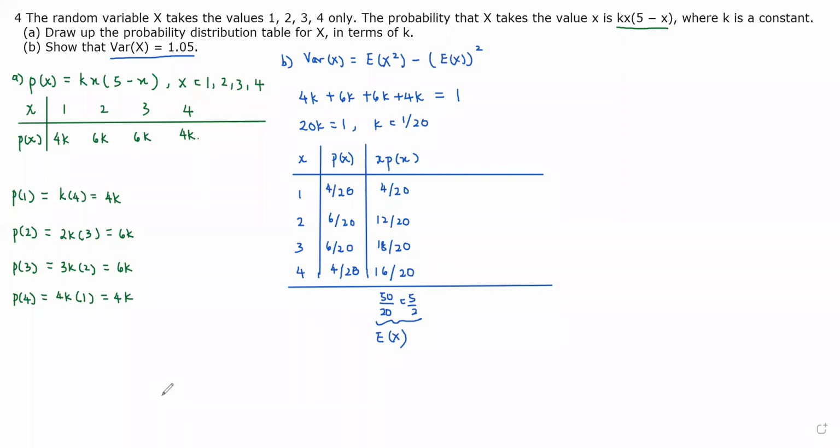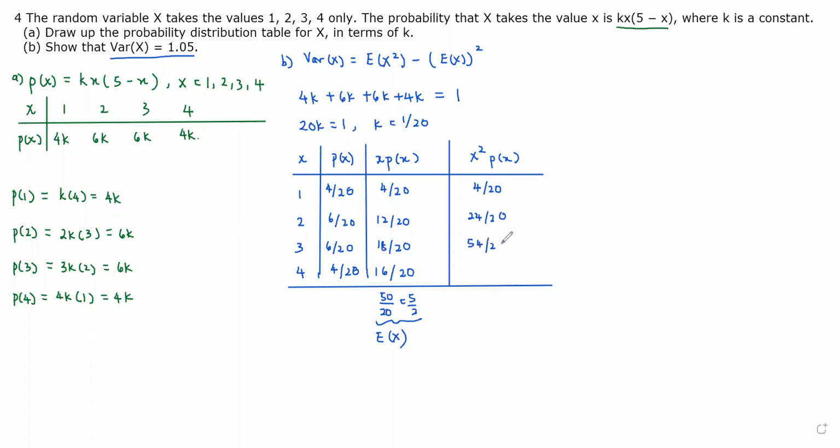To find the expected value of x squared, we find x squared times P(x). Square x. 1 squared is 1. 1 times 4 over 20 is 4 over 20. 2 squared is 4. 4 times 6 over 20 is 24 over 20. 3 squared is 9. 9 times 6 is 54.